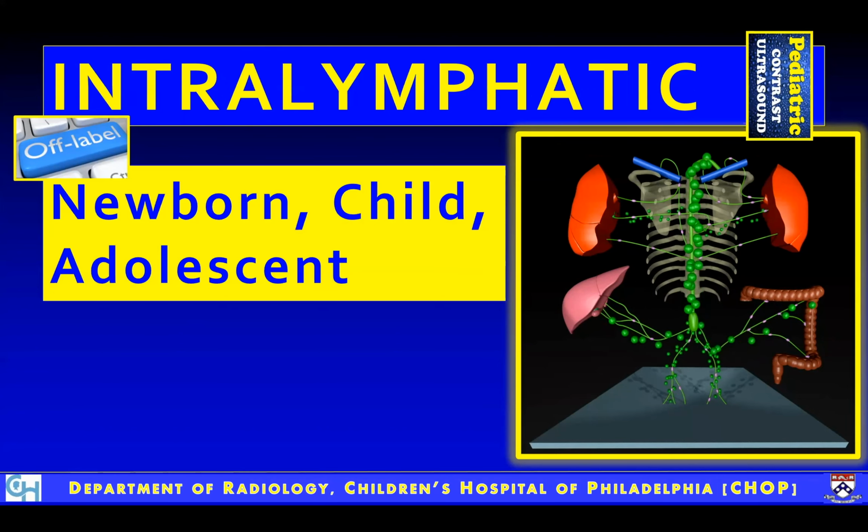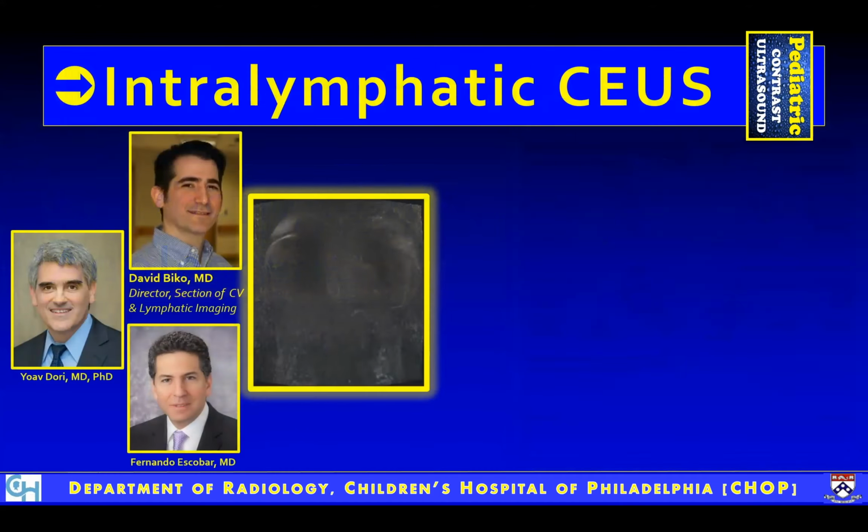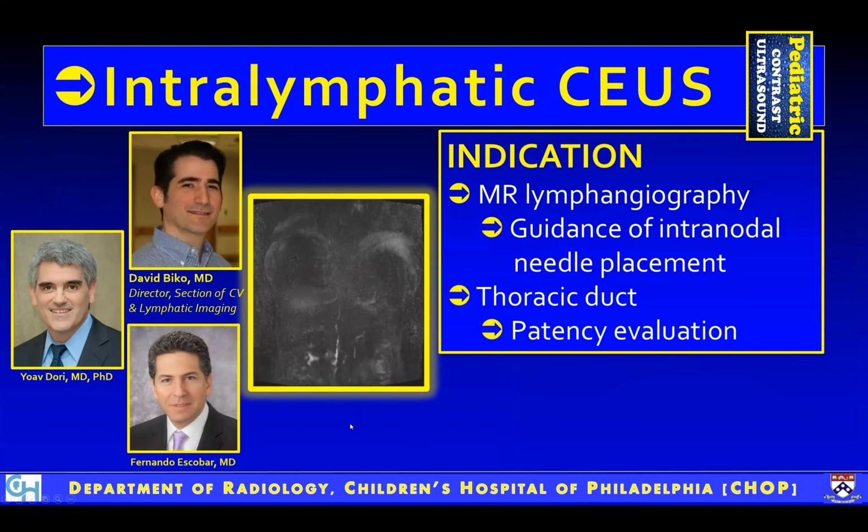We have a center for lymphatic diagnosis and treatment. And we began using contrast ultrasound in the lymphatic application. Normally, we do MRI for MR lymphangiography and depict the lymphatic tract, the thoracic duct, after subcutaneous injection or the lymph node injection.